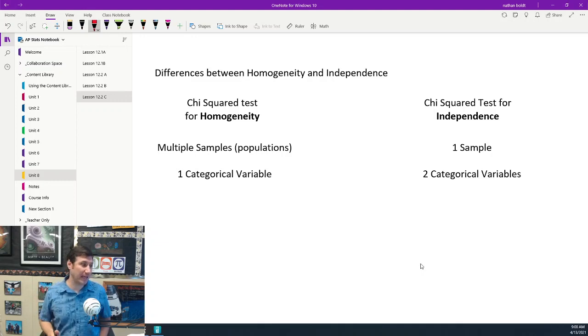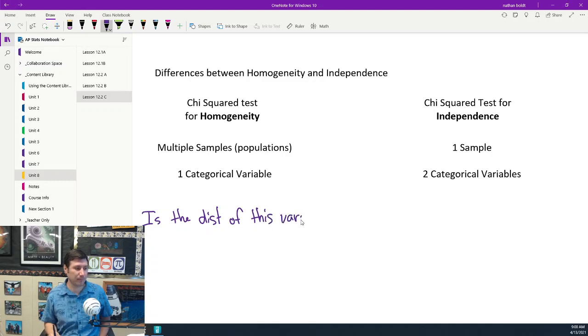math is the same. All right, a chi-squared test for homogeneity is asking, is the distribution of this variable the same or different in these two or more populations?